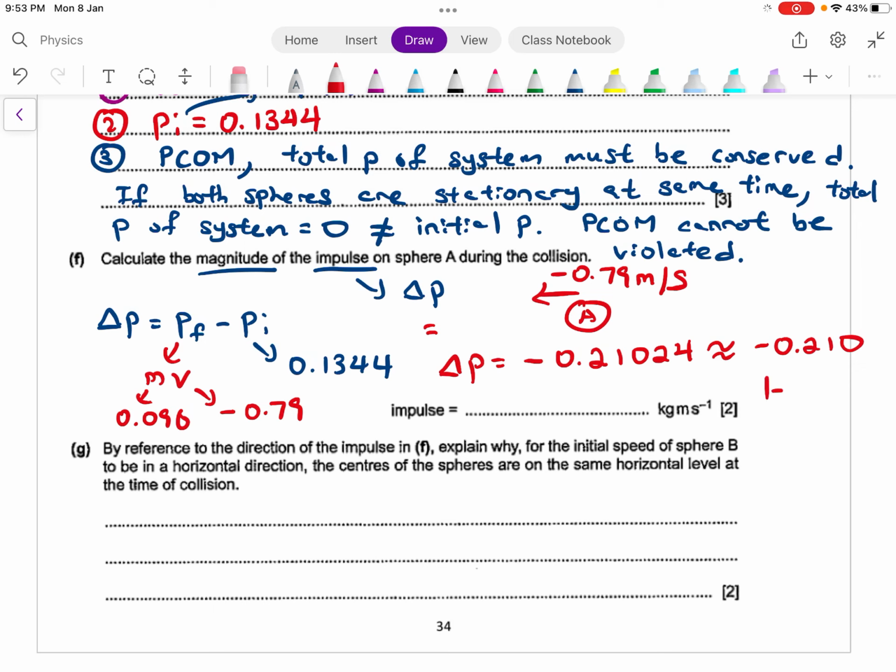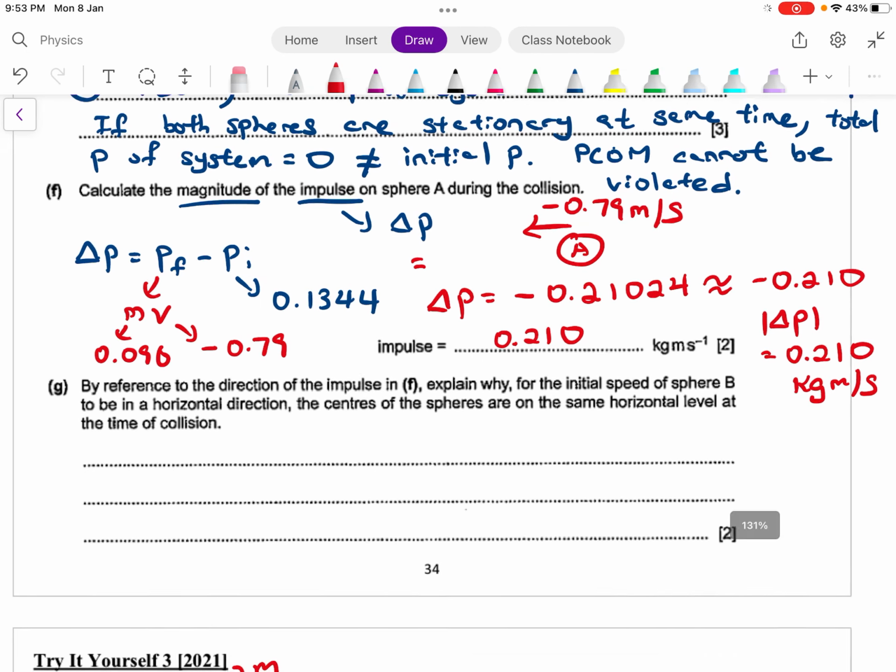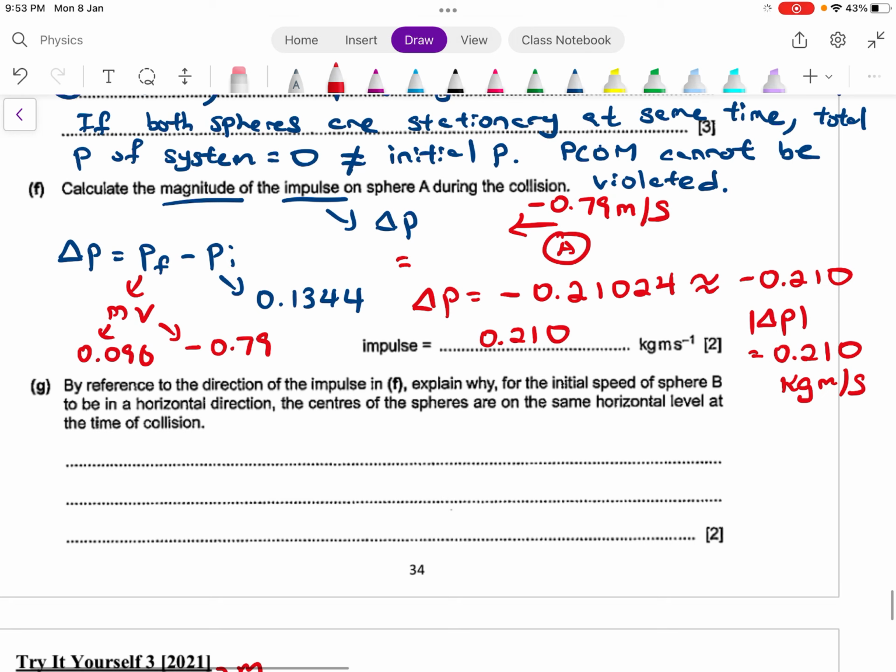Of course, just give them the magnitude. So delta P is equal to 0.210 kg meter per second. So this is 0.210.